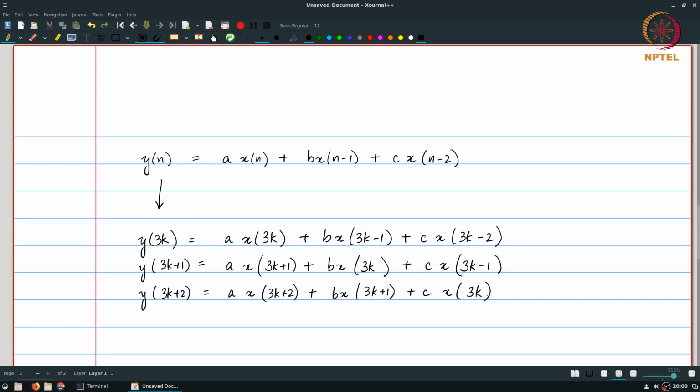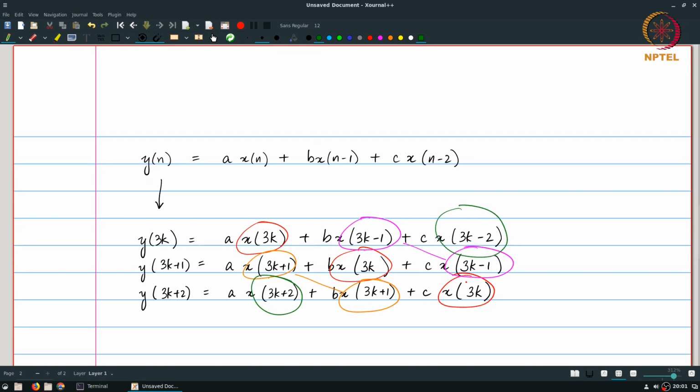Now, the interesting thing about these three equations is you will notice that there are some terms that are common over here. In other words, there is an x of 3k here, here, as well as here. There is an x of 3k minus 1 in these two places, an x of 3k plus 1 in these two places, and the last two terms, in other words, the x of 3k minus 2 and x of 3k plus 2 are only used once in the set of equations.